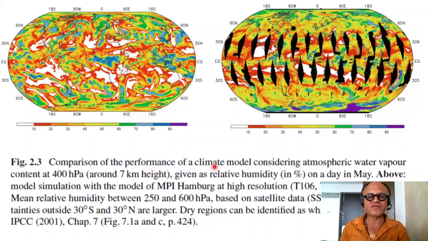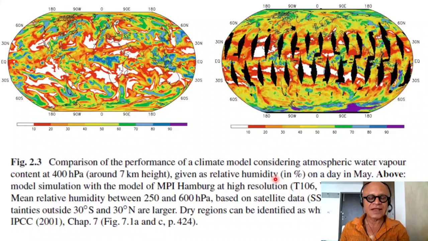Here is a comparison of the performance of a climate model considering atmospheric water vapor content at 400 hectopascal, which is somewhere in the middle, around 7 kilometer height, given as relative humidity in percent on a day in May.